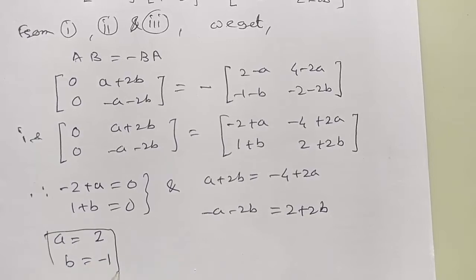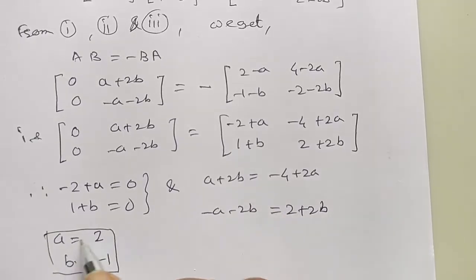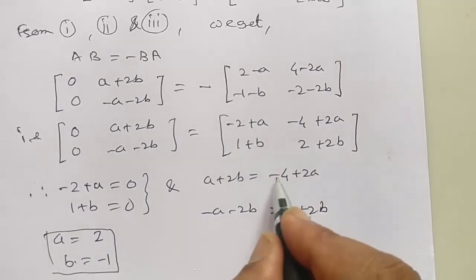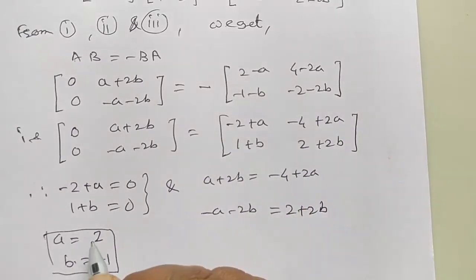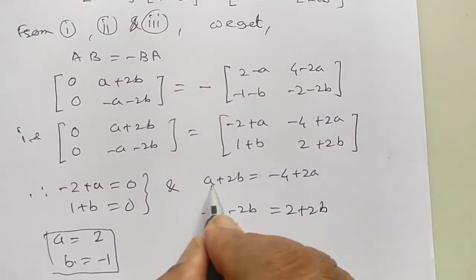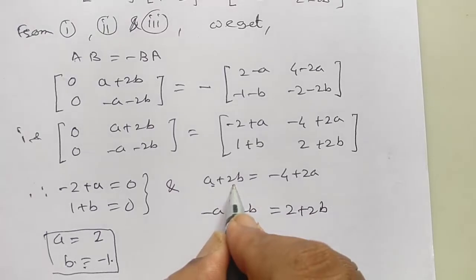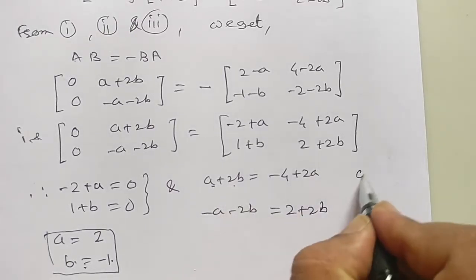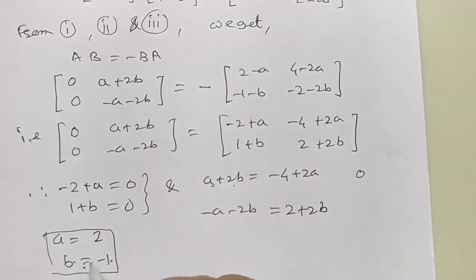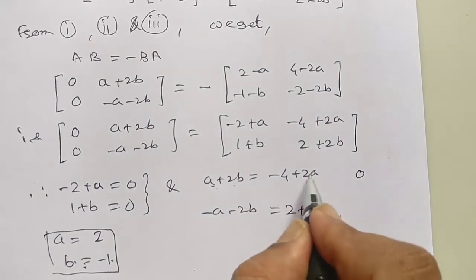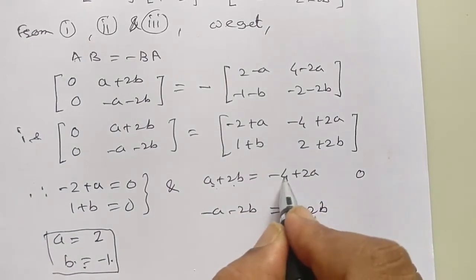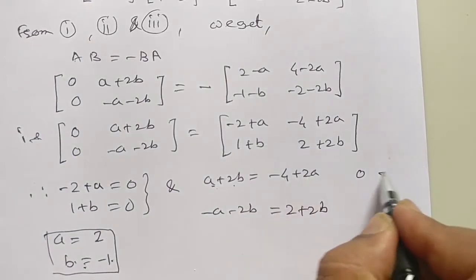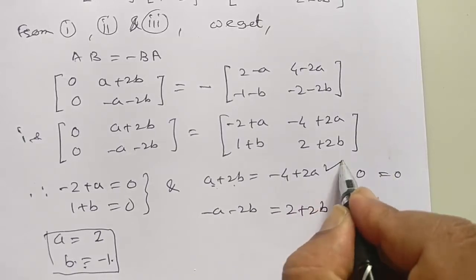Now we verify these values by putting A is equal to 2, B is equal to minus 1 in these equations. By first, A is equal to 2, B is equal to minus 1, that is minus 2, so it is 0, left hand is 0. By putting A is equal to 2, it is 4, minus 4 plus 4, it is 0. So first is verified.